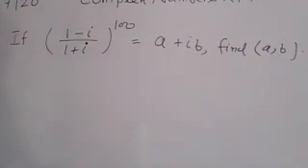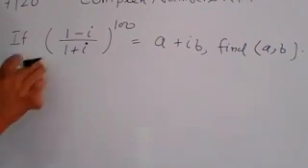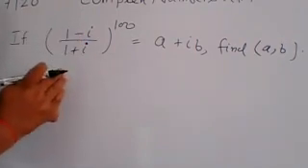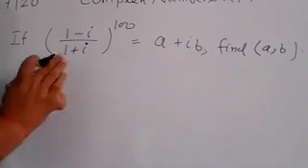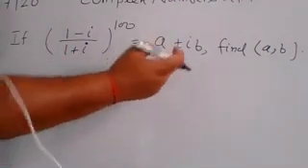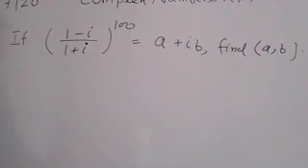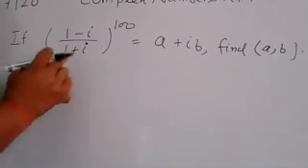So how do you find the values of a and b? By comparing. Means you try to reduce your left side to standard form, a plus ib, as in your right side. Then by comparing, you will have the values of a and b. So how do you reduce it?